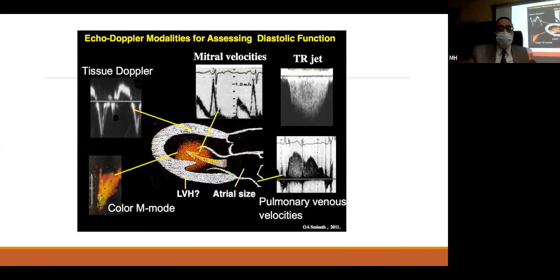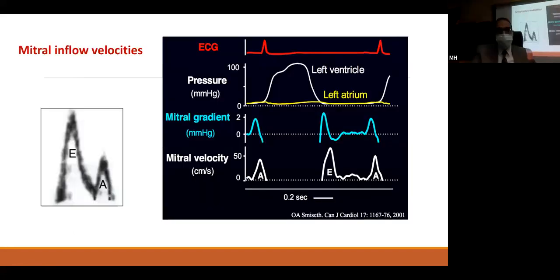All these variables are very important in assessment of the LV diastolic function, and we should not use a single index. Usually, consistency of 2 or more of these indices is important to diagnose LV diastolic dysfunction.